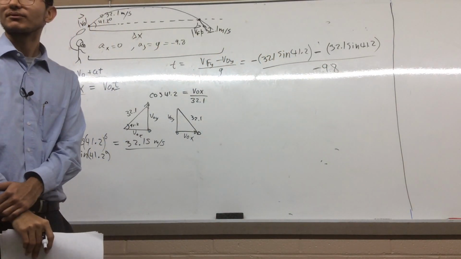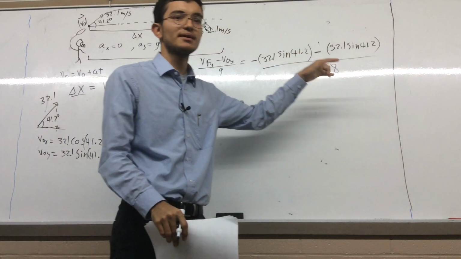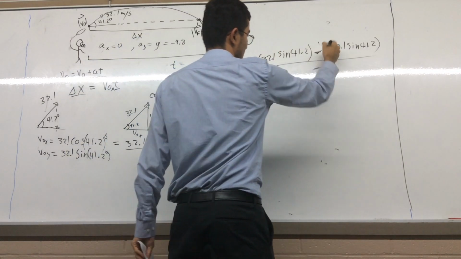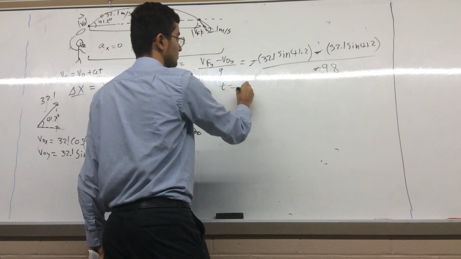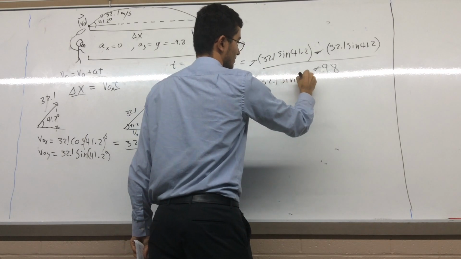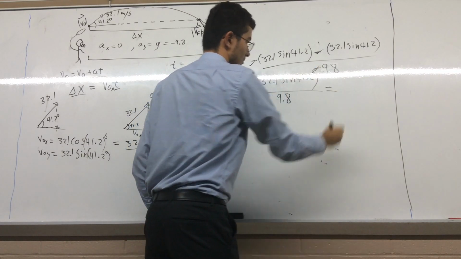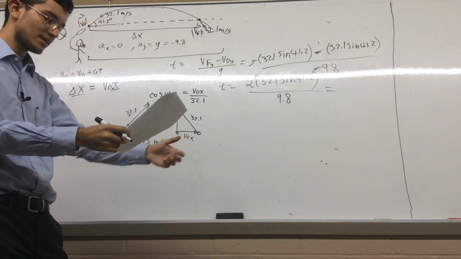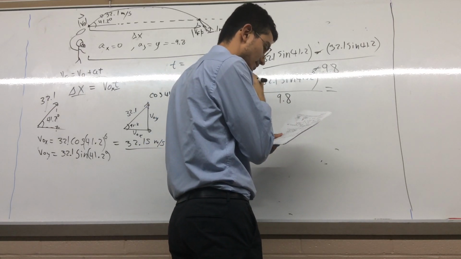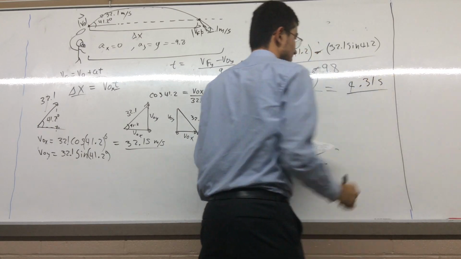And look at that. What happens when you subtract two things that are the same? That's just basically 2 times that, and the negatives cancel out. So we have that t is equal to 2 times 32.1 sine of 41.2 degrees divided by 9.8. And then you plug that into your calculator, and you should get 4.31 seconds. That's the time.